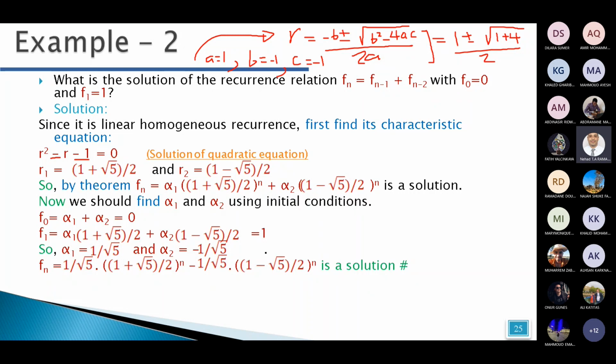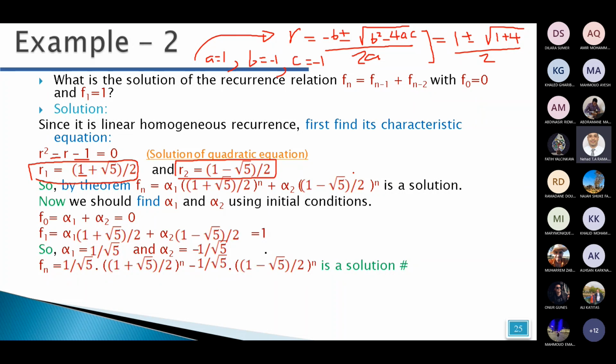So we have two solutions here. The first solution is 1 plus root 5, 1 plus 4 is 5, divided by 2. So this first solution R1 is 1 plus root 5 divided by 2. The second solution, when we take the minus, R2, is equal to 1 minus root 5 divided by 2.